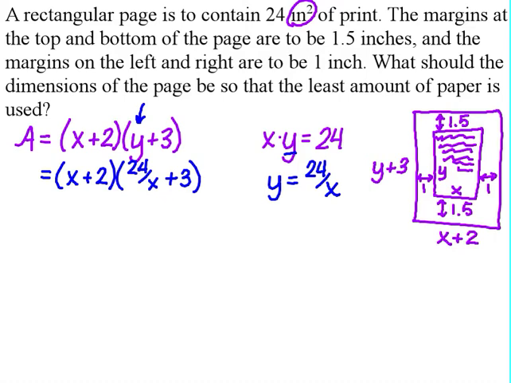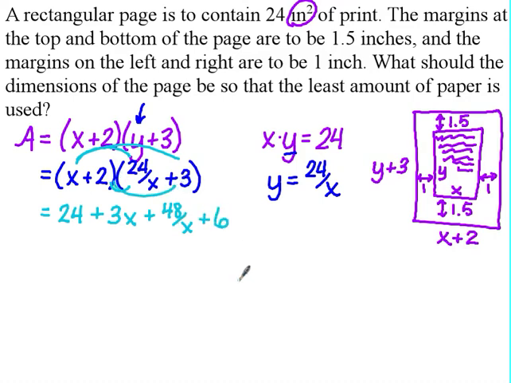Okay, so let's start. That times that, 24. Good. Okay, outer term I get 3x. Inner term I get 48 over x. And last term I get 6.